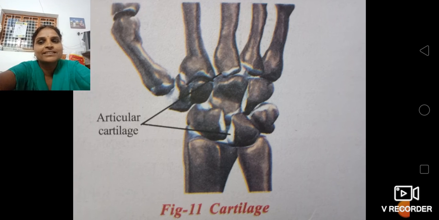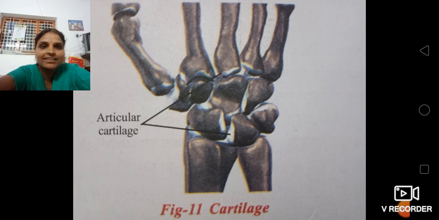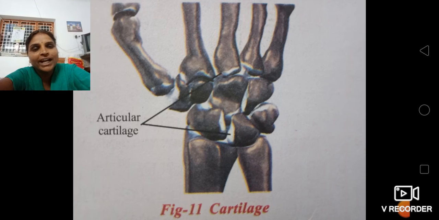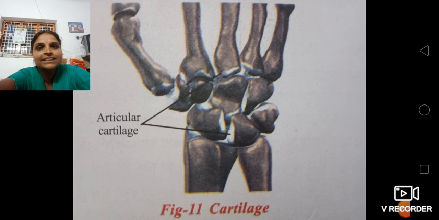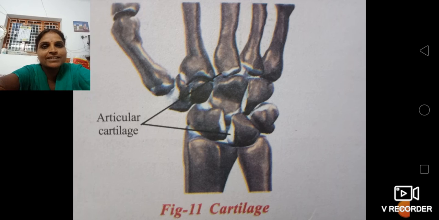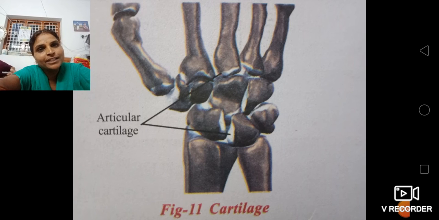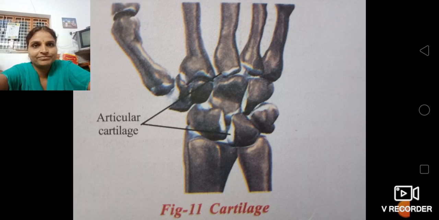These fibers are made up of a protein called collagen. This is very elastic in nature. When a bone is attached to another bone, that is by the ligament.